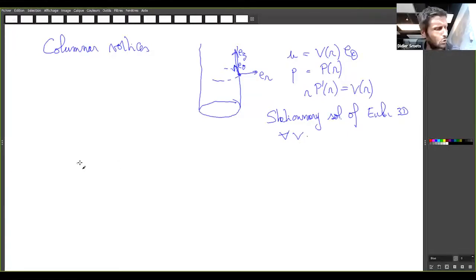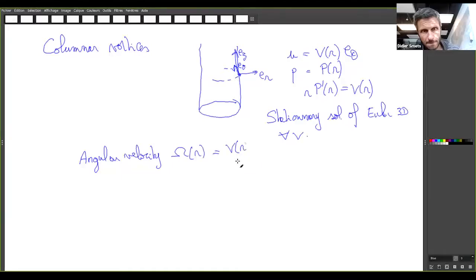For the remaining, there are some quantities that will play a role, so I define them. I will use the angular velocity, which is sometimes more useful than the full velocity. The angular velocity omega of r is just the velocity divided by the radius.